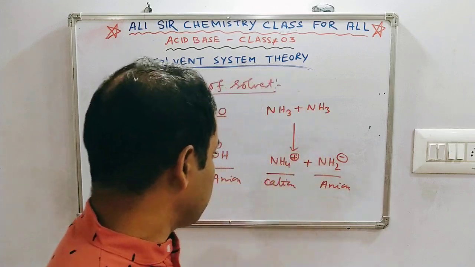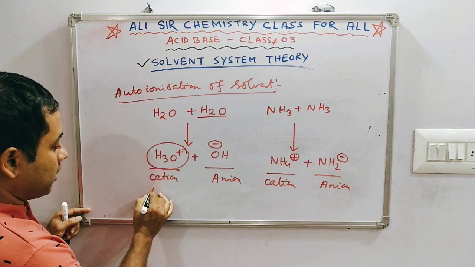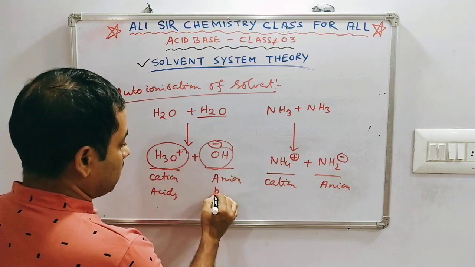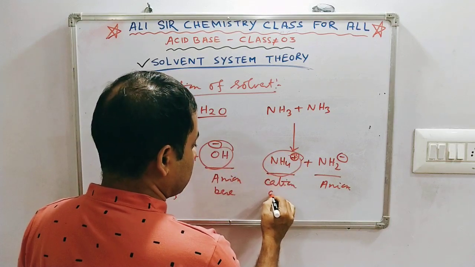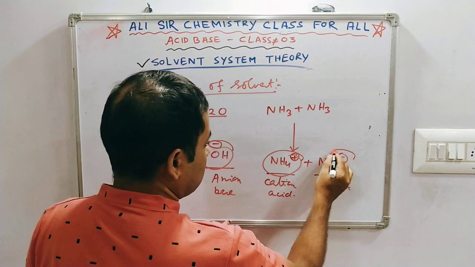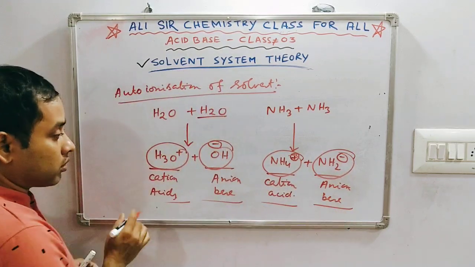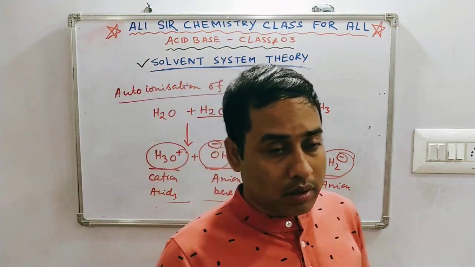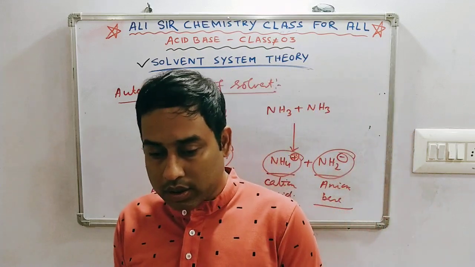You can see here H3O plus can act as an acid and OH minus can act as a base. Similarly, NH4 plus can act as an acid and NH2 minus can act as a base. So this is known as the auto-ionization of solvent. I have taken only two examples. There are so many examples of solvent auto-ionization.